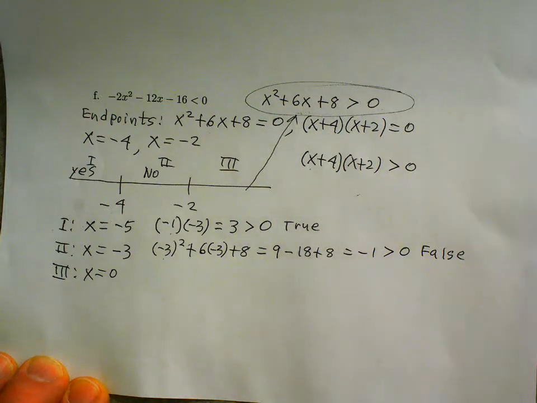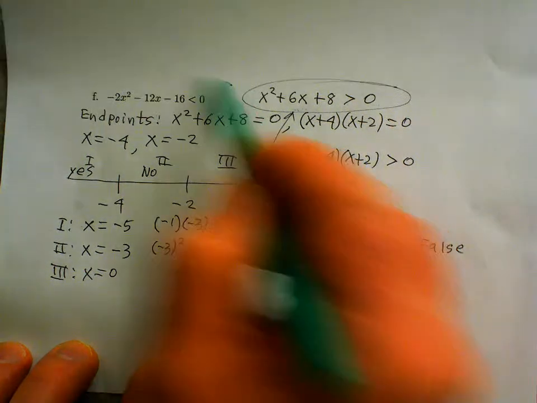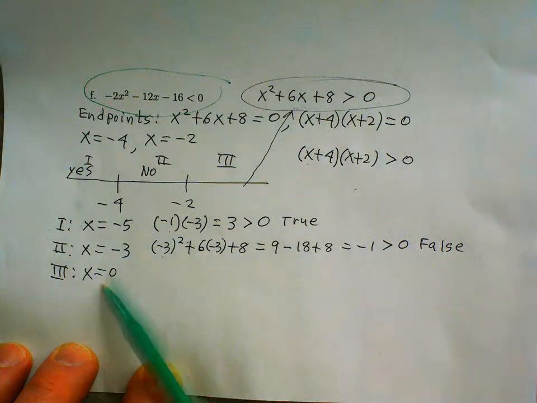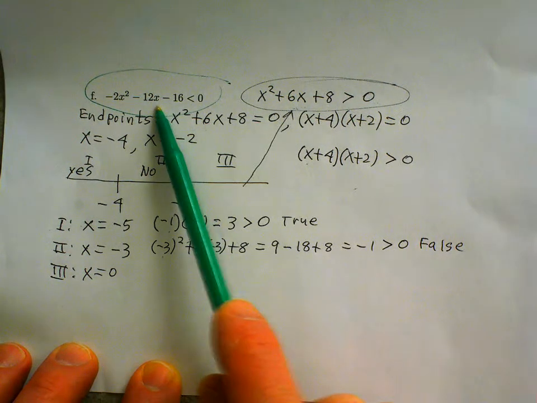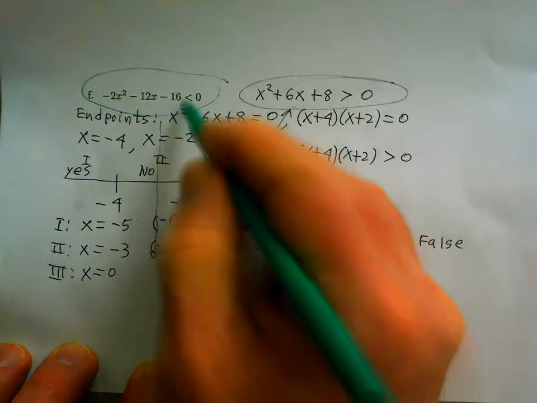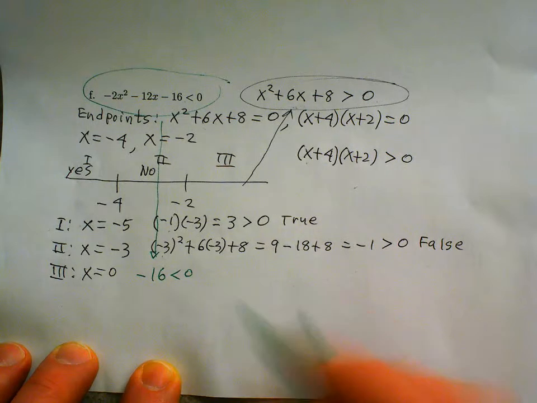I just want to point out, not that you have to worry about it, but you can use the original inequality. If you replace x with 0, you get -16 is less than 0. That's true.